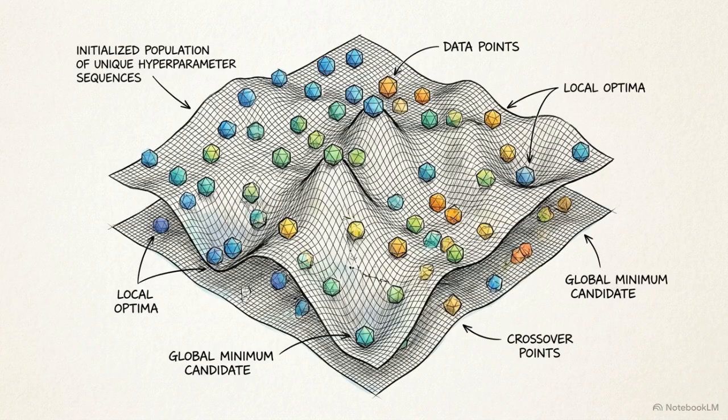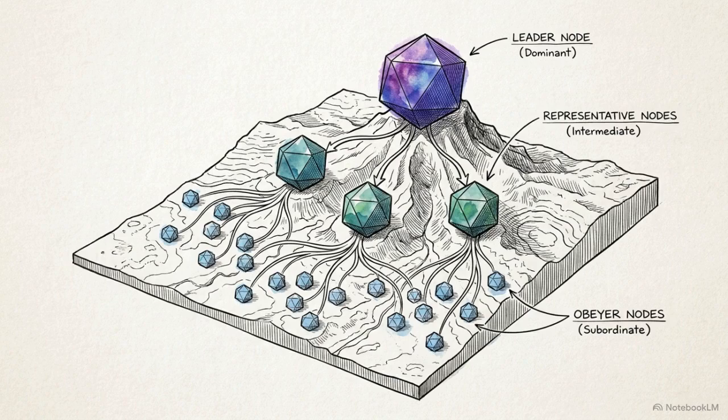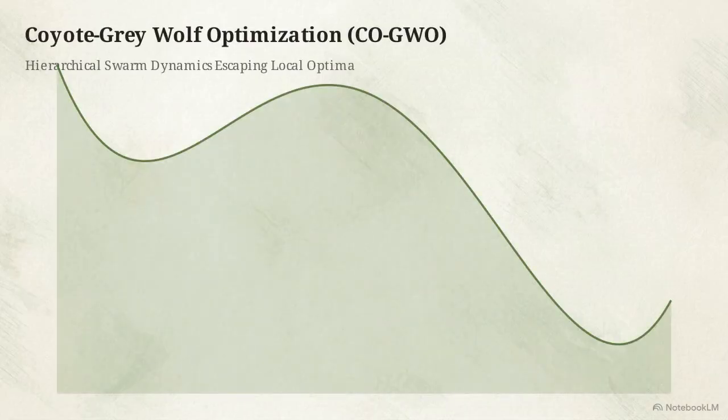Each node represents a specific, unique sequence of network hyperparameters. The system applies a social hierarchy modeled after the Canidae family. It evaluates the mathematical fitness of these parameters and assigns the nodes distinct ranks: the leader, the representative, and the obeyer. Obeyer nodes dynamically recalculate their coordinates based on the leader's vector.